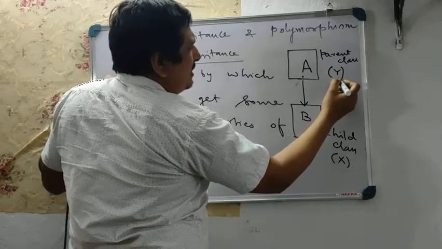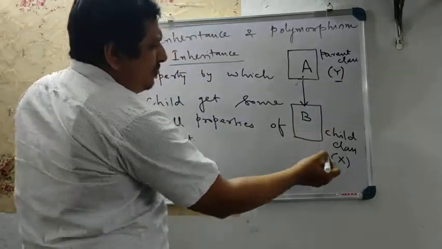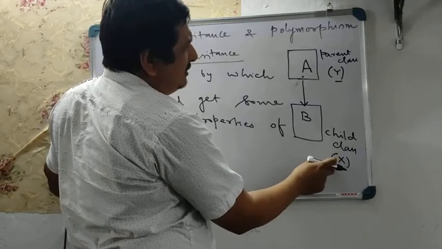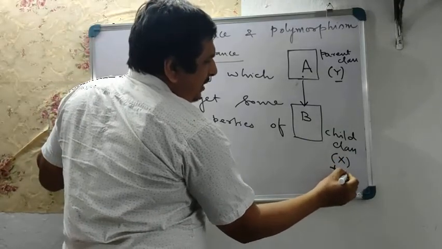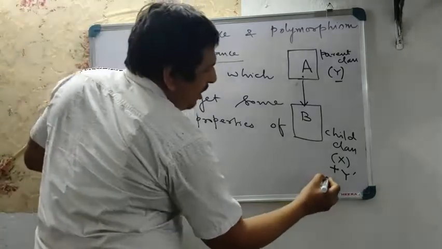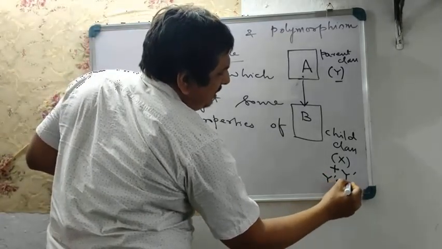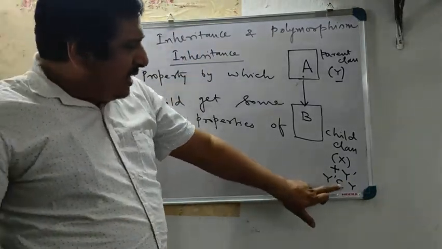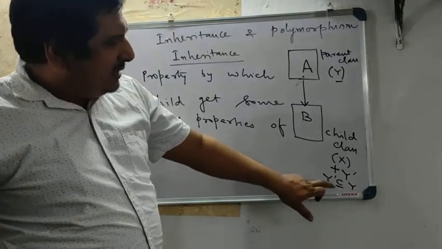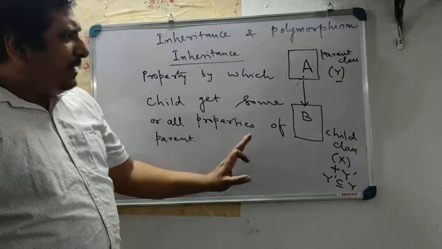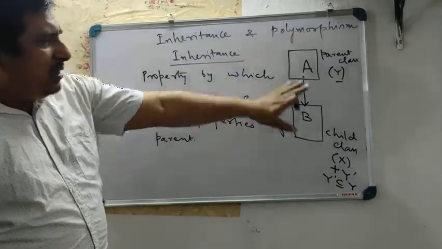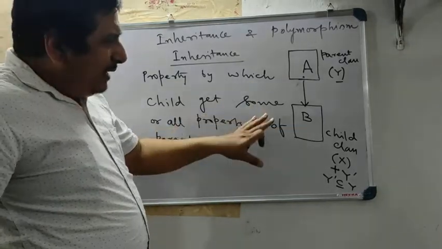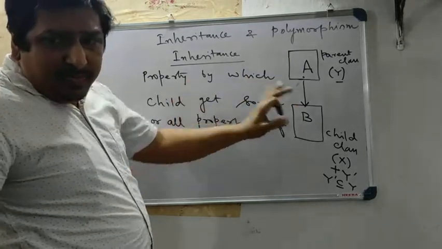B is the child class, and now B will become like this, where Y dash is a subset of Y. Subset means it may be the full set, that is, sometimes Y dash equals Y, or Y dash is less than Y. If the parent wants to share all, it can give all to its child, or if the parent wants to give some part, it can give some part.